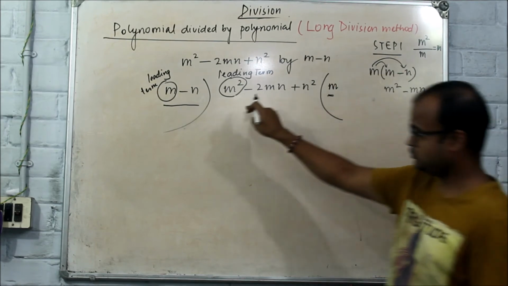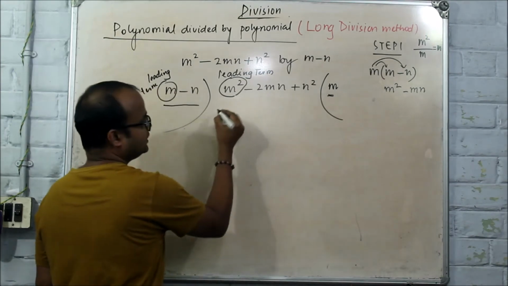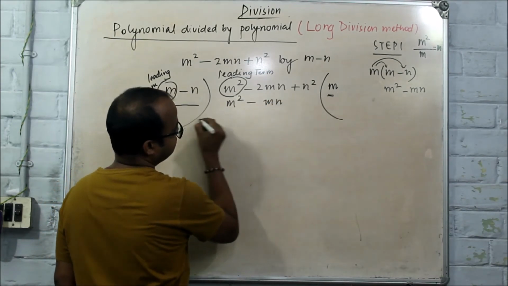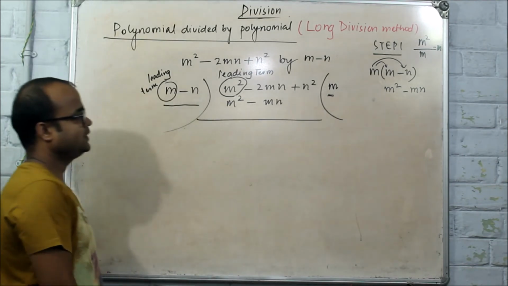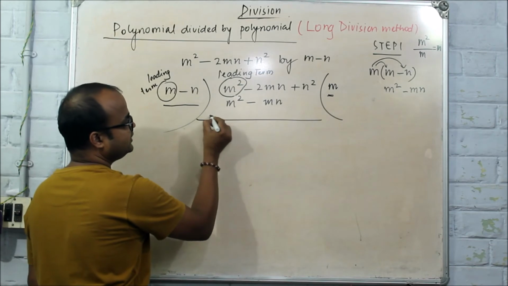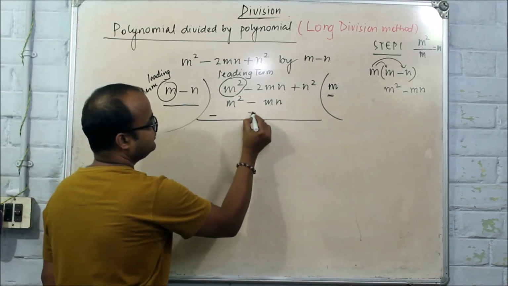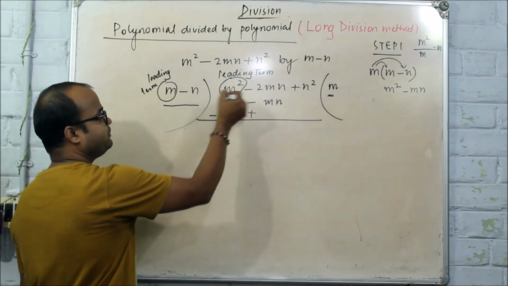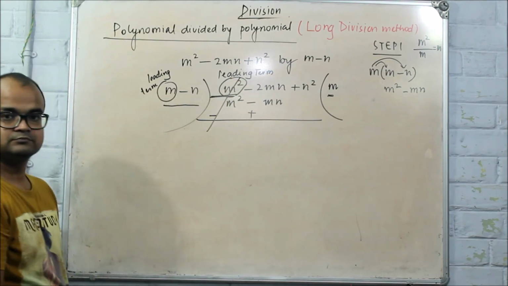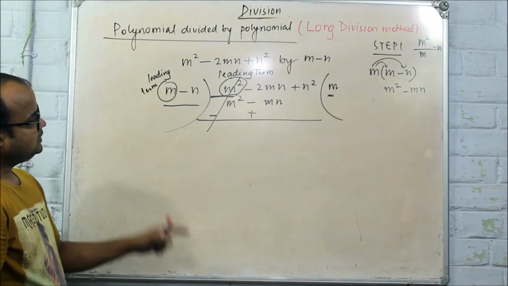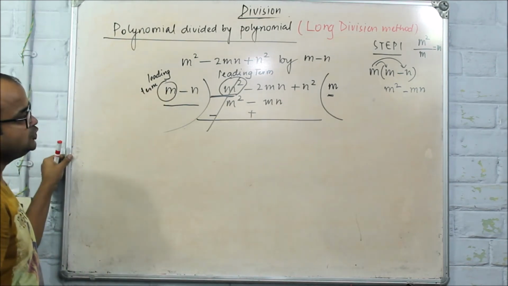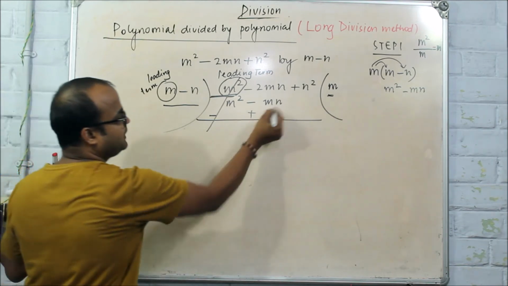This term we need to write here. So m square minus mn. Next, this is plus sign, so we write minus. This is minus sign, we write plus. See, plus m square and minus m square cancel. Minus 2mn and plus mn.